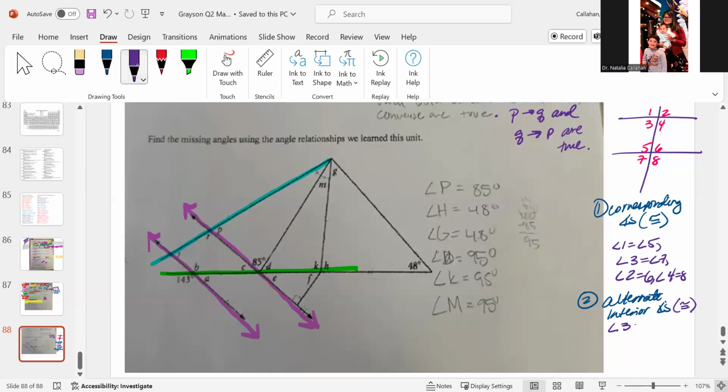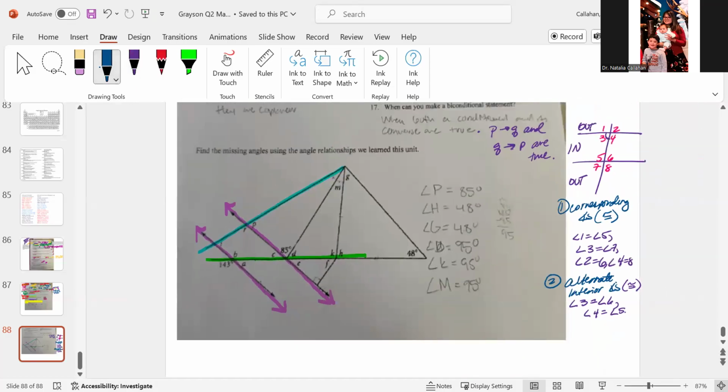That's also on the inside. Which angle looks like it's the same as this angle right here that's on the inside? Remember, this is the inside. This is out. And this is out. 6. Yeah. And there's another one. Angle 4 is equal to 5. Okay.